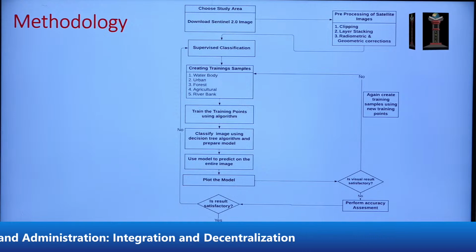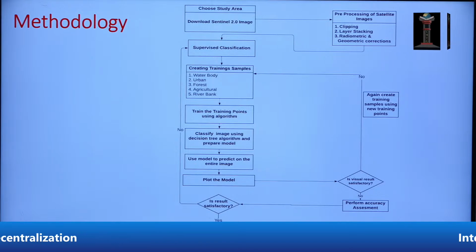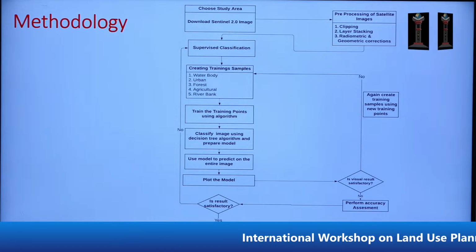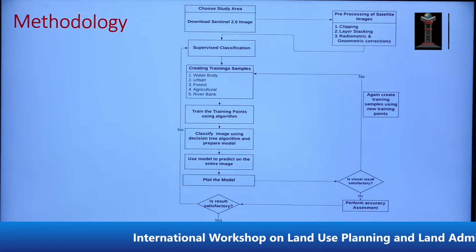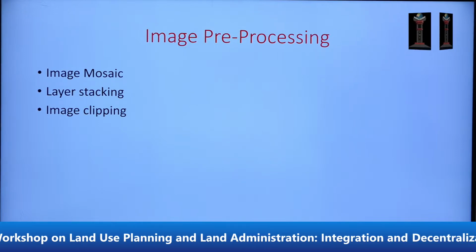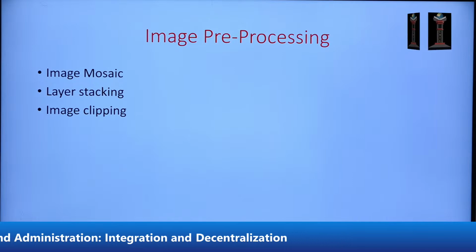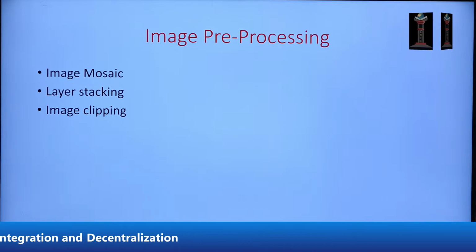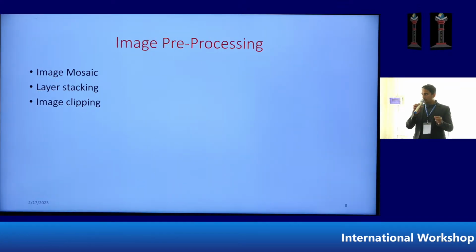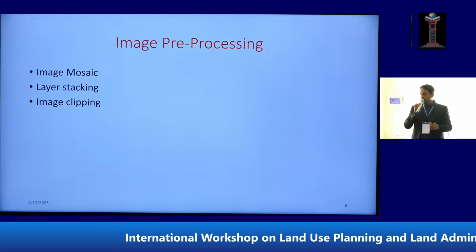This is the overall methodology for this research, which starts from the study area and ends with publishing the final map. The first step is image pre-processing, where images covering different areas were downloaded, and then we have to make one image for the one study area. That's why it is necessary to do image mosaicing.